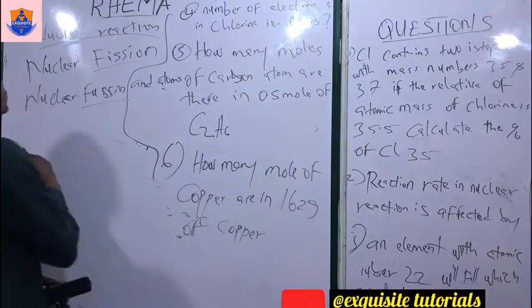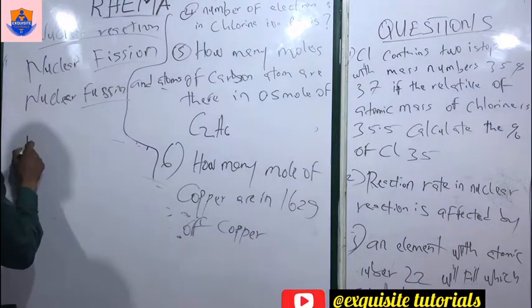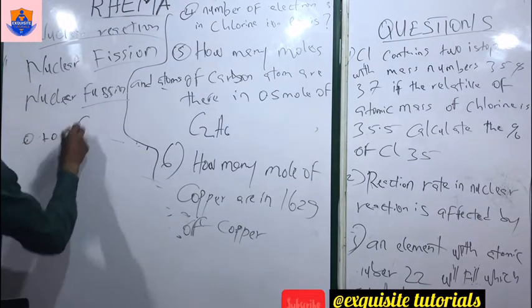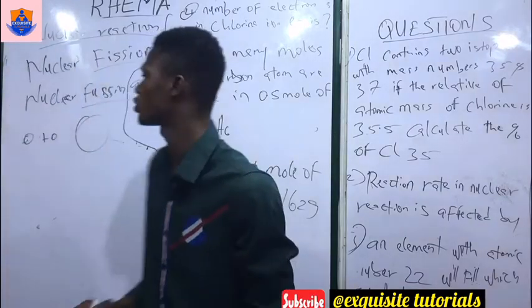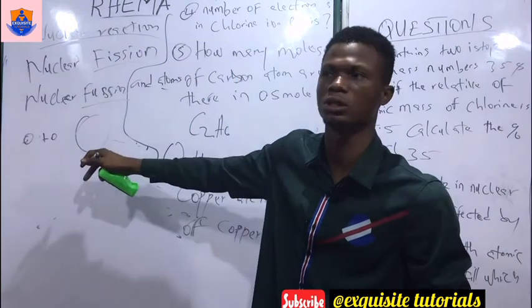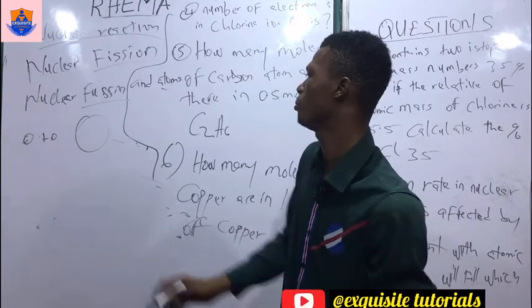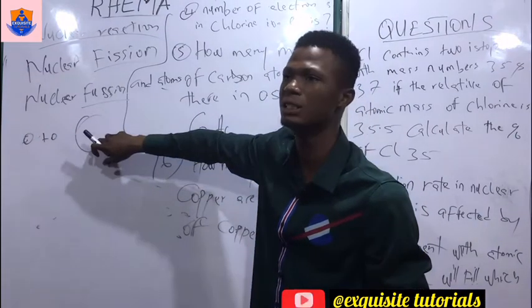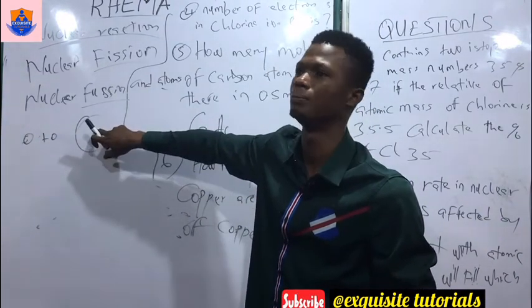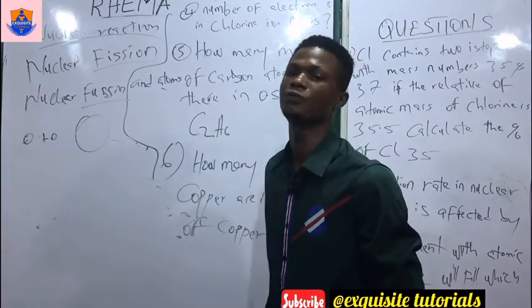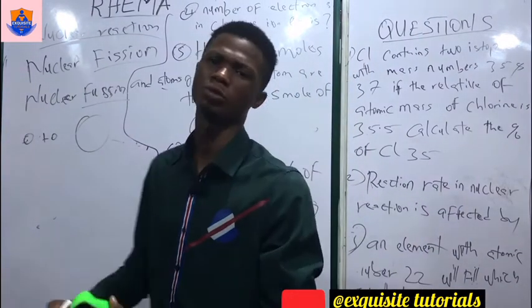But when we talk about fusion, it means a small substance plus a small substance forming a bigger substance spontaneously. Remember, when we talked about nuclear reaction, we started with it being spontaneous. So that means this is a nuclear fusion.